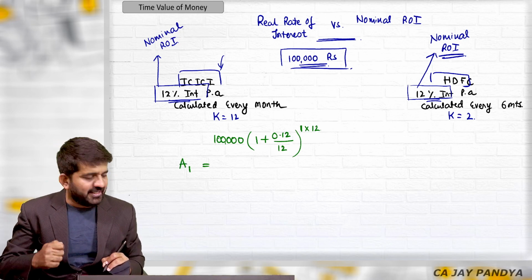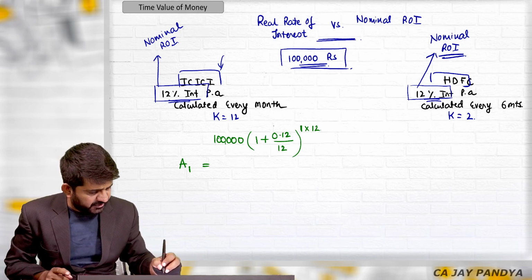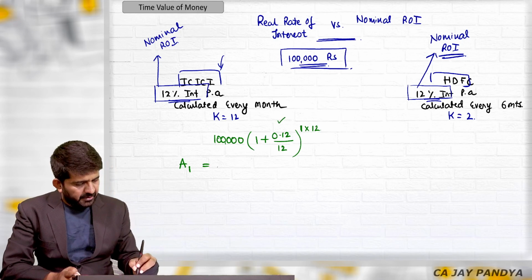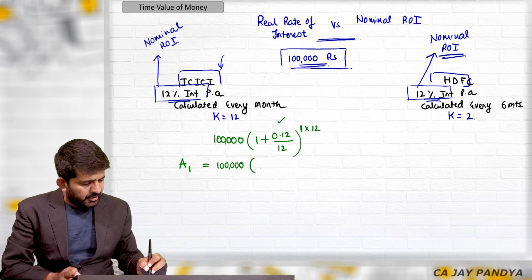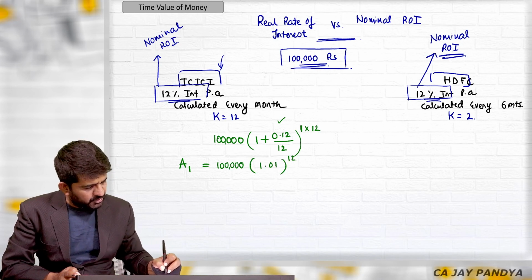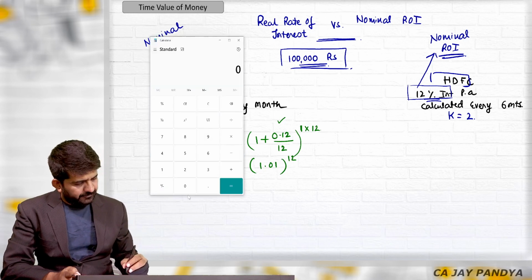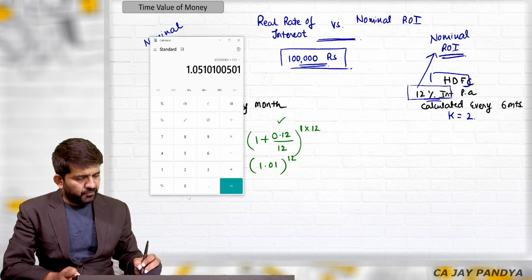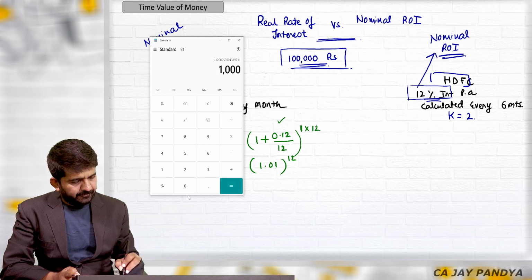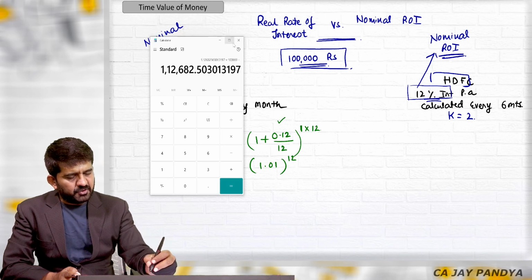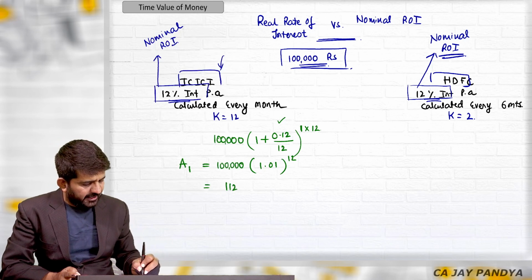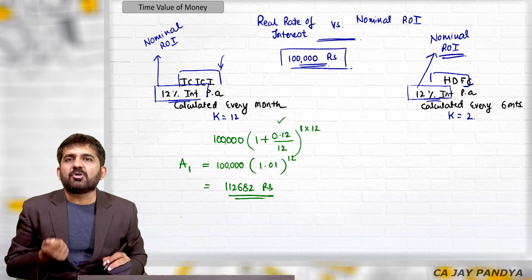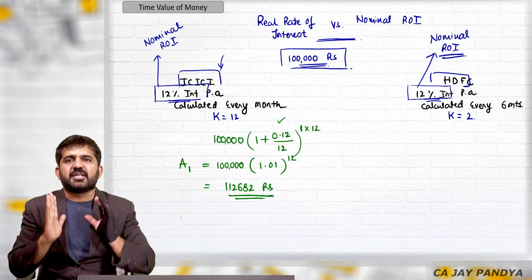Interest is calculated 12 times at 1% rate of interest. This is 1 lakh into 1.01 raised to 12. The answer will be 1,12,682 rupees. This is the amount after 1 year which I'll be getting if I invest in ICICI Bank.